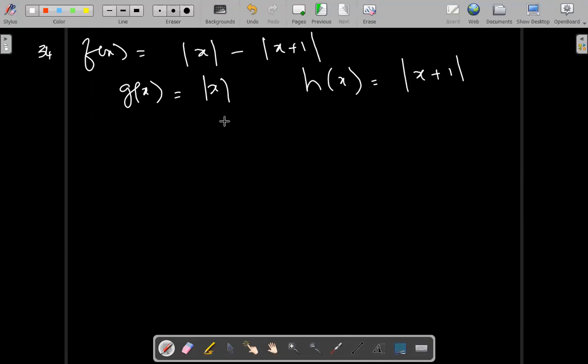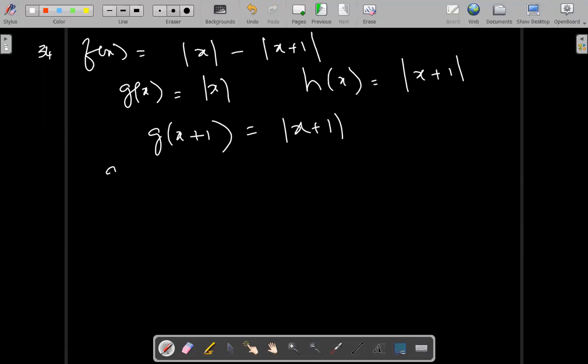And you can basically write this as, if you have g of x plus 1, g of x plus 1 is mod x plus 1. So we'll say g of x plus 1 is nothing but mod x plus 1. Correct?